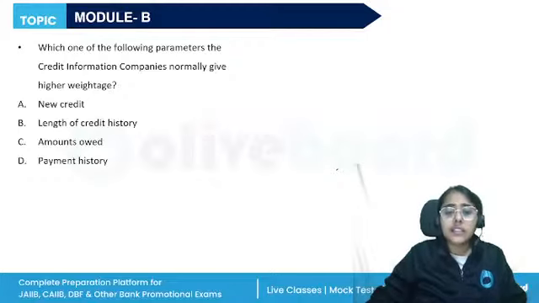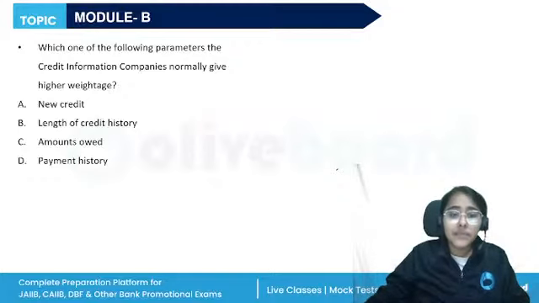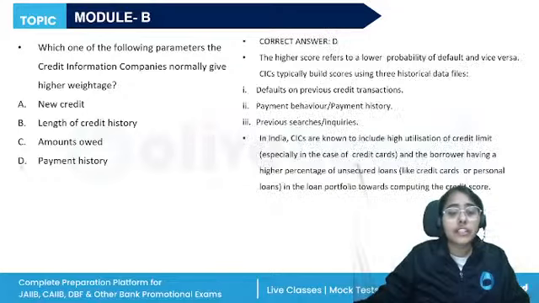Are there warning signs in the credit score? Is the customer craving for credit, applying for too many loans or credit cards? Is the customer making frequent and unnecessary shopping for credit? Are there several new accounts or recent requests for loans? The length of credit history is also important. Older accounts are generally better. So, out of these, companies normally give higher weightage to the payment history of the individual.